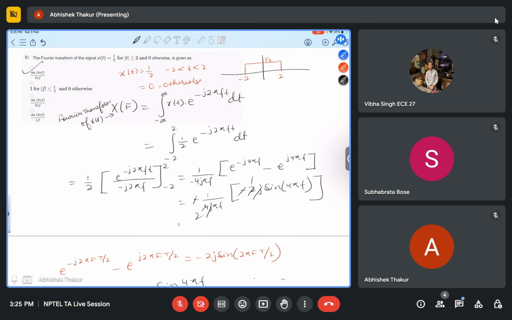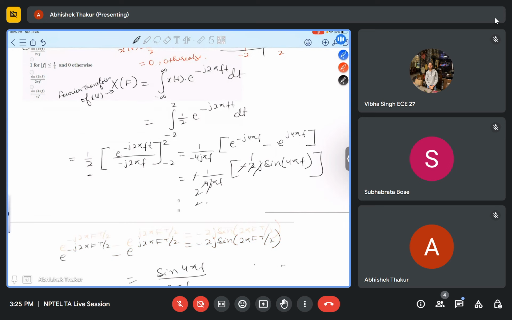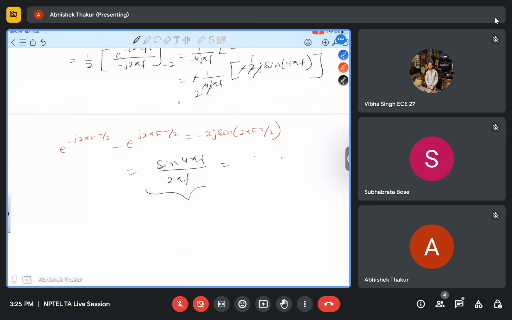Also we can write in the form of sinc. Here we can write 2 sine 4 pi f by 4 pi f. We all know that sinc of x is equal to sine of pi x by pi x.